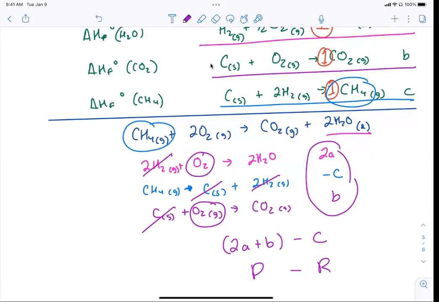C is our regular value, and the negative of C becomes the minus here, because we're flipping these reactions.